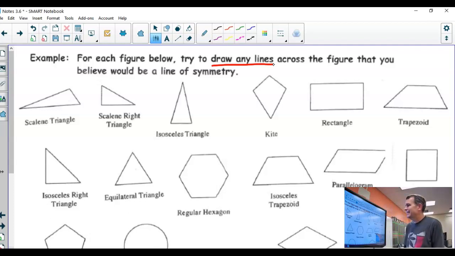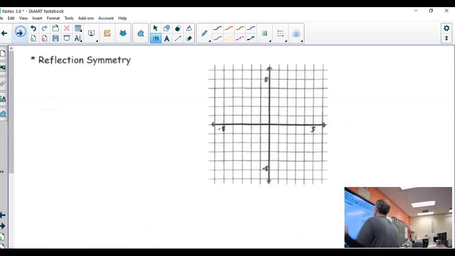Go ahead and try that, and then I will explain it. Take your best shot. I hope you stopped the video and tried it. Now turn your paper over to the back and let's look at what a line of symmetry might look like.